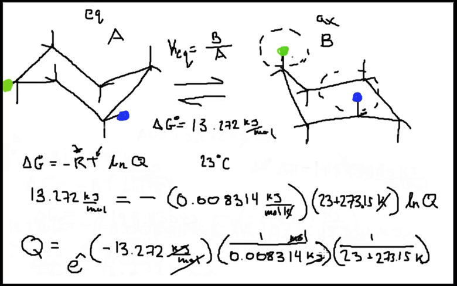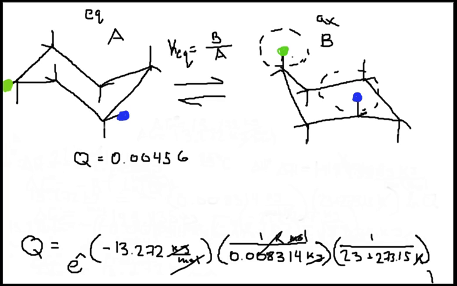And that cancels with the kelvins. So if we run that calculation, we get Q equals 0.00456.